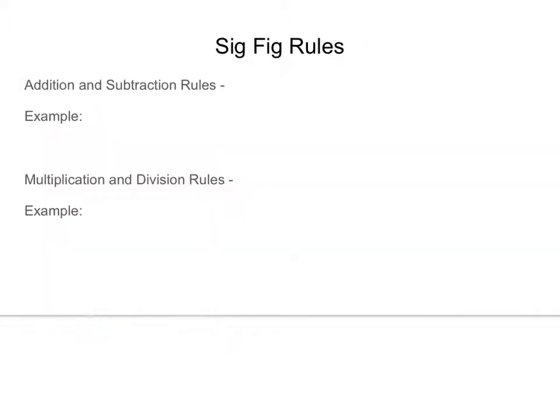Okay. All right, so when it comes to significant figures, we have to have some rules when we do math, right? So there are rules when we add and subtract, and then there are different rules for multiplication and division, okay? So when we add and subtract, the rule is we're going to round to the least number of places.